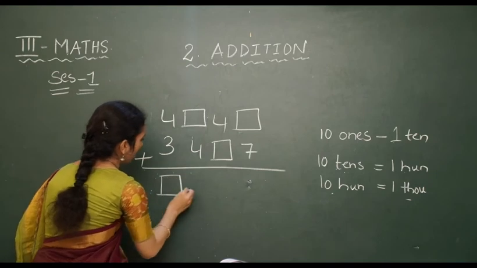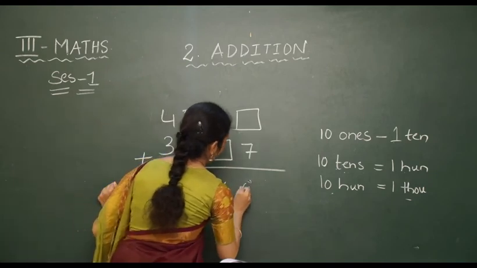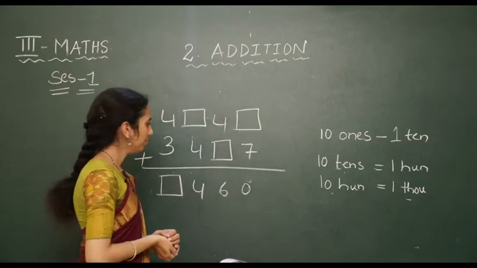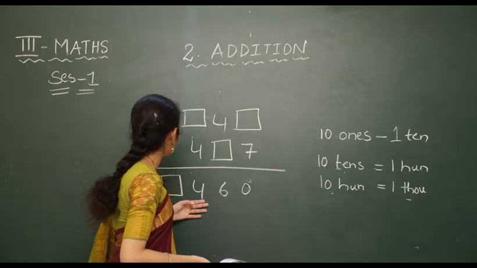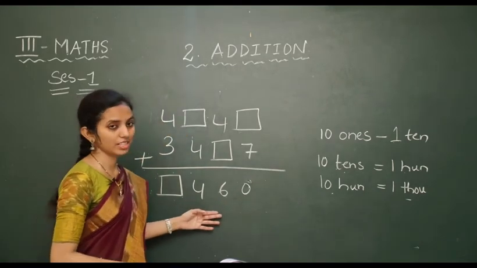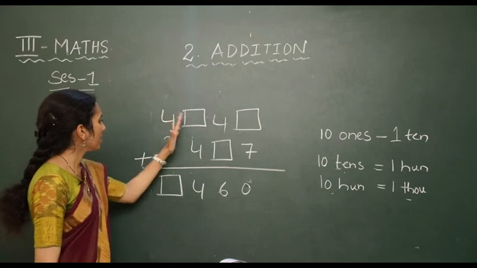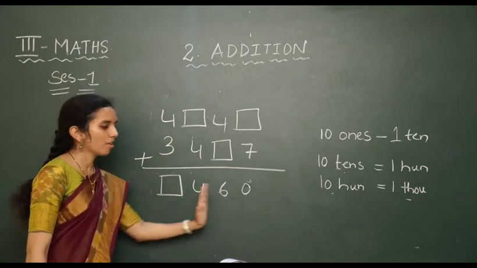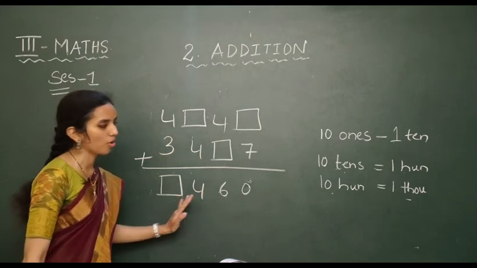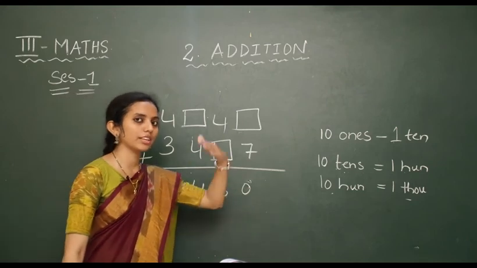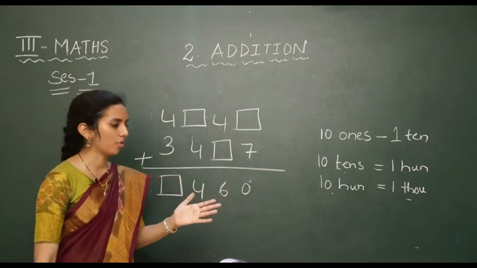Here there is one box, and 4, 6, 0. Definitely the sum of these two numbers is 4 digits, because here we are given only 4 digits. So do not think about numbers bigger than 4 digits.